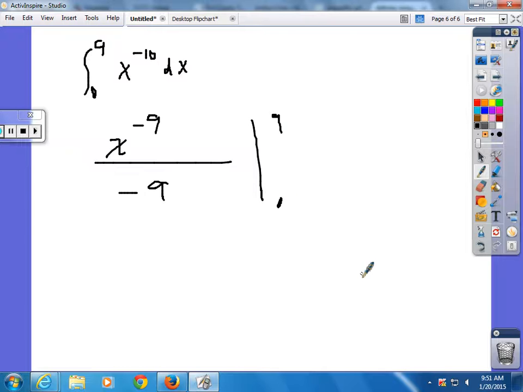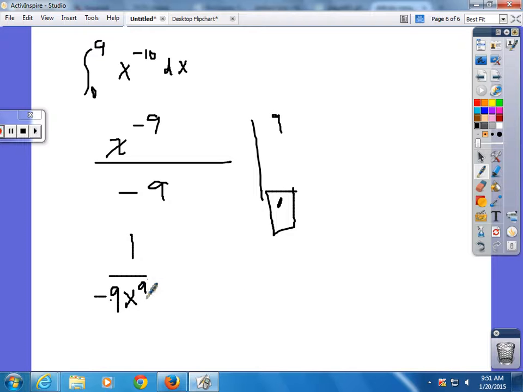Well, I'm going to do 0 for you. I'll do that for you. And that'll give you what? 0. You like to get zeros, don't you? Yeah, Hubert. All right, so what are you going to do with that 9 to the negative 9? You're going to bring it downstairs. That'd be 1 over 9 to the 9th.